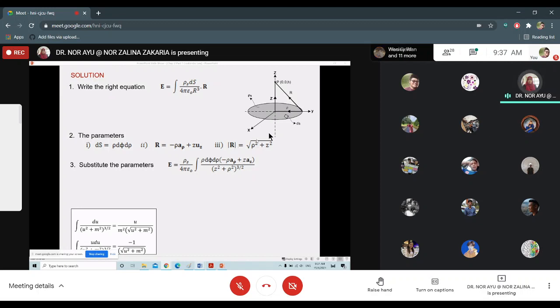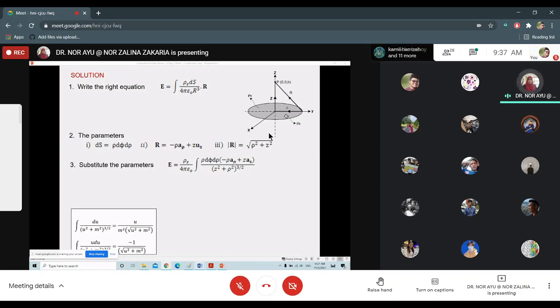This one. So the magnitude is just take the value over here, square dengan square root kan dia. So you will get something like this. Okay, and then from there, take all these parameters and substitute inside these equations again, and you will get something like this. Alright, so take it out semua yang kamu tak integrate.